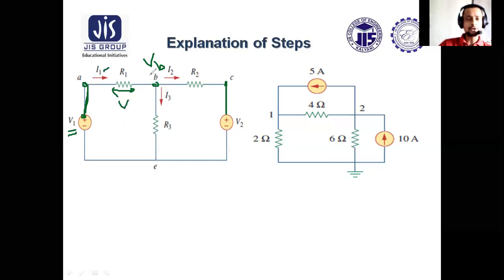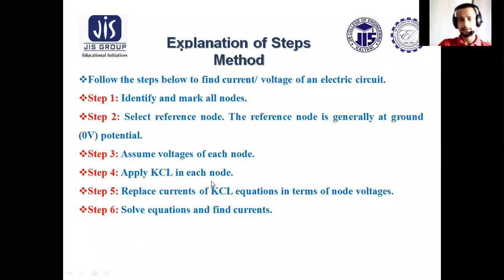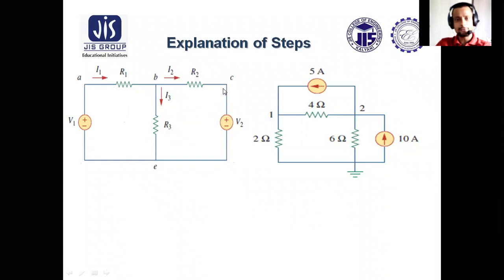So we'll assume voltage at this node. As per step 3, assume voltages of each node. Node A and C voltages are known to us. Voltage at B point is to be assumed.